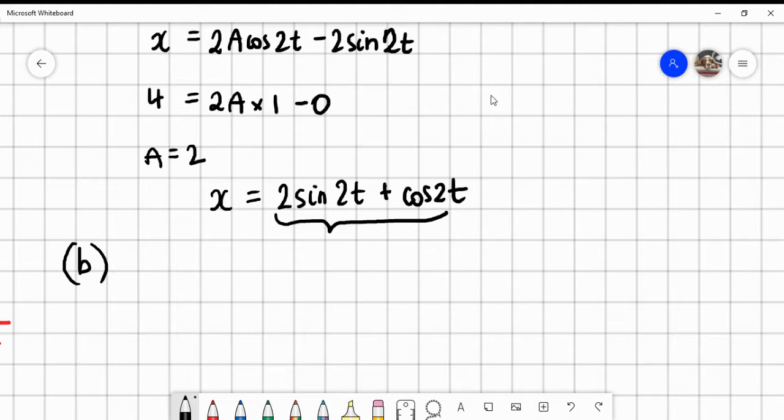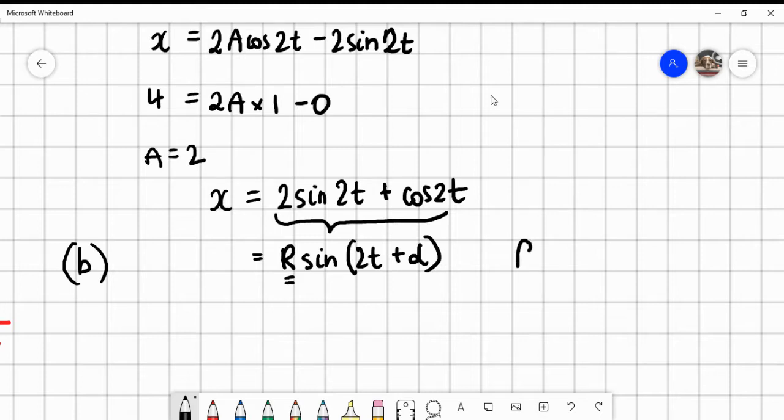So you're going to use the r sine(2t plus alpha) method. So you're going to change it into r sine(2t plus alpha). Now, in order to answer this question, you don't really need to go through the whole process of finding alpha. You just need r, because r is the maximum displacement, r is the amplitude.